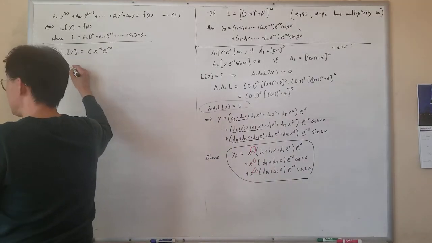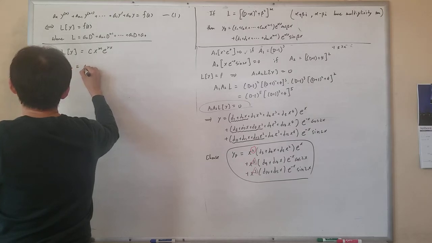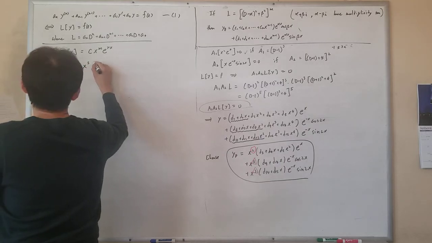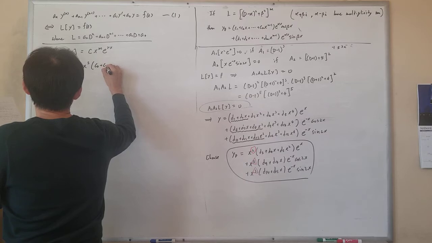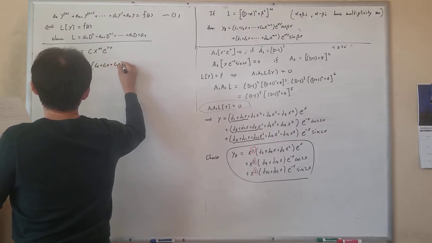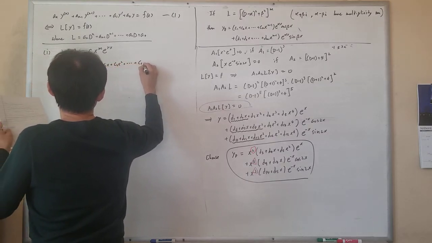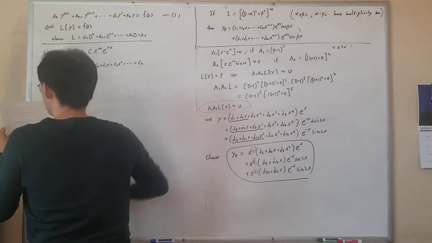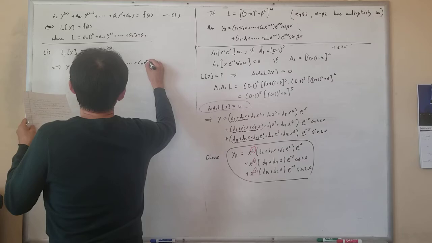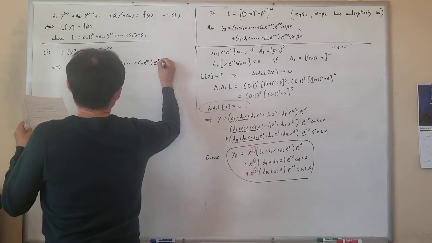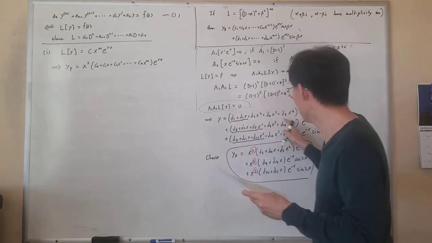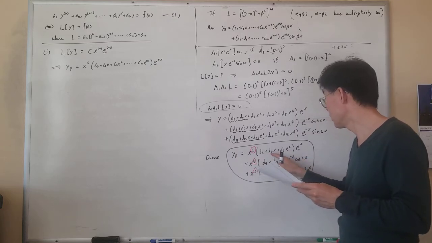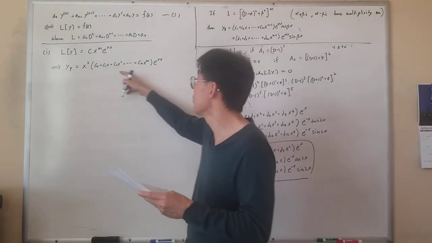Then y_p must be x to the s times c0 plus c1x plus c2x squared all the way to c_m x to the m. You have to have all of it, not only x squared, but starting from the beginning.